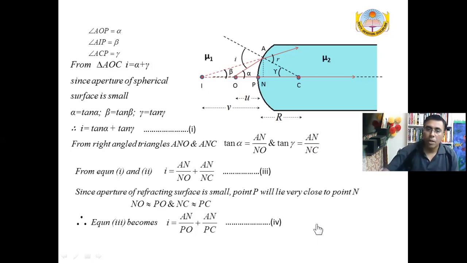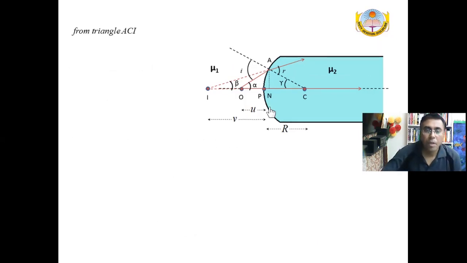Okay. Now, similarly, from triangle ACI, if you look at this triangle ACI, which one would be the exterior angle?